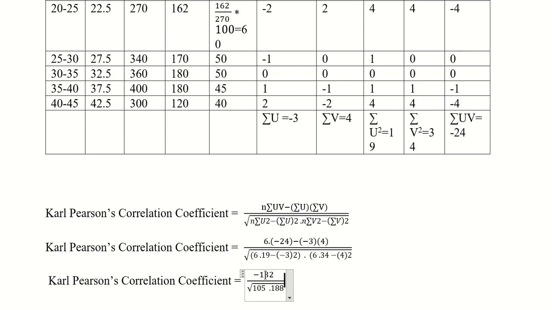Now first we will find the square roots and then we will solve it.